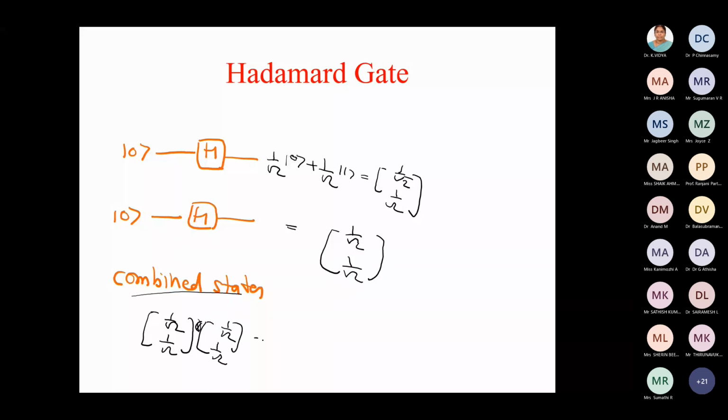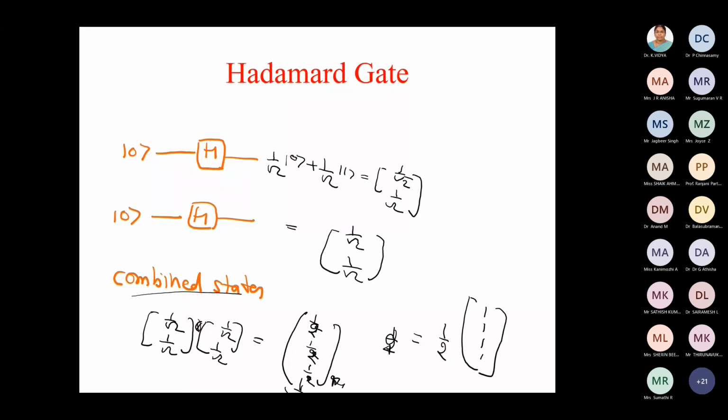So the tensor product will come out like this: 1 by 4, 1 by 4, 1 by 4, 1 by 4, a 4 cross 1. Oh, sorry, 1 by 2 will come, I think. Yes, 1 by 2, 1 by 2, 1 by 2. Can anyone verify? The tensor product of this will be 1 by 2 times 1, 1, 1, 1.